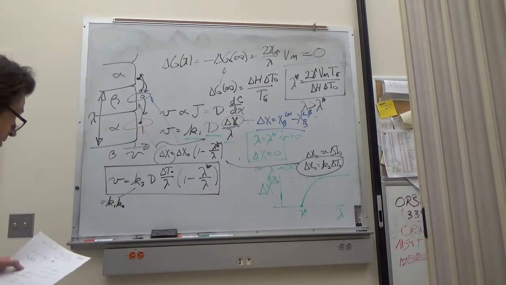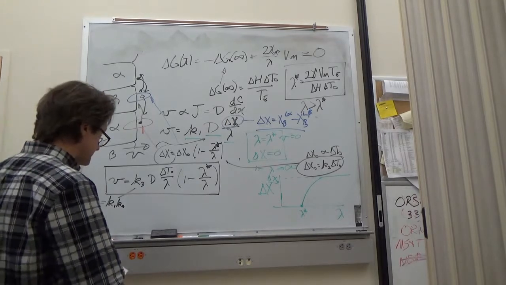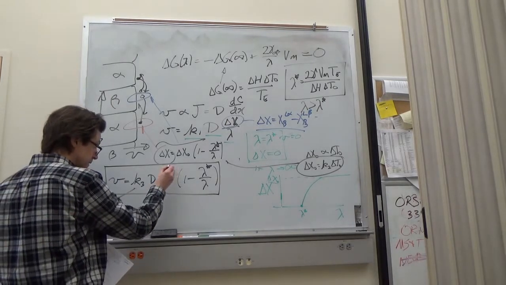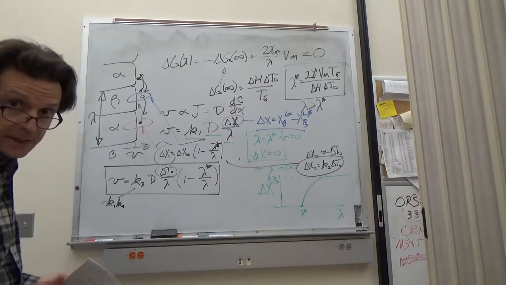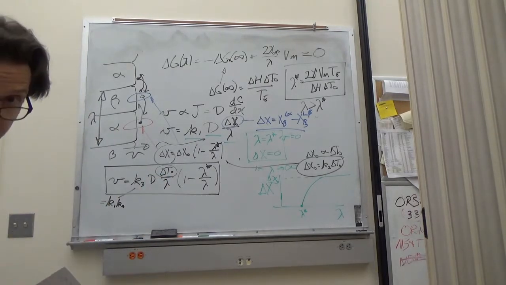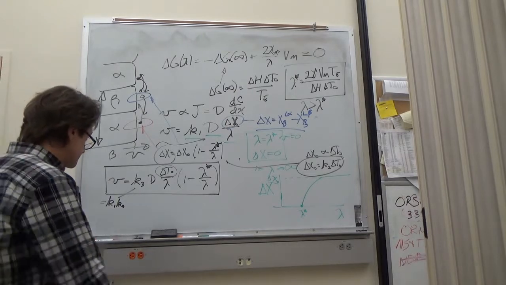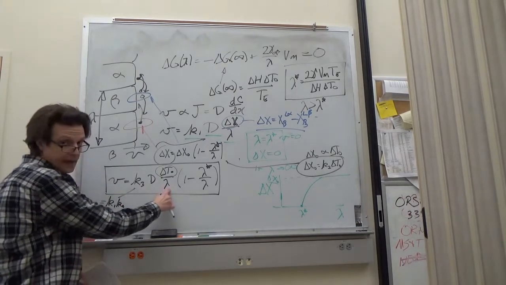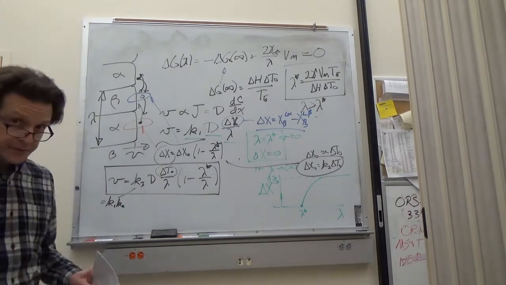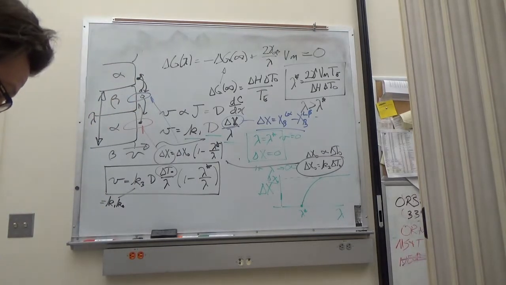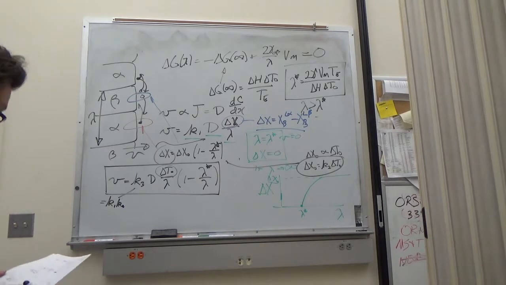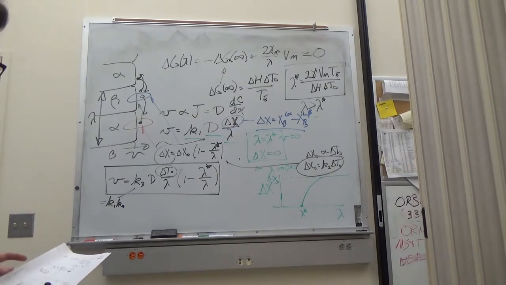Now, what this does is, one, it suggests that we can use delta T naught, our undercooling, as a means of controlling the velocity, but it also suggests that the velocity and lambda are independent of each other. And that's not what we observe. So why not?